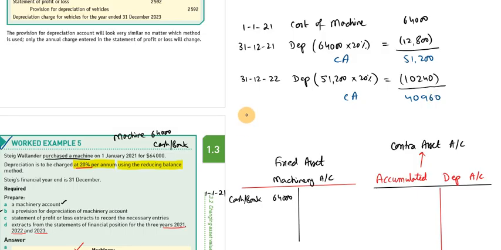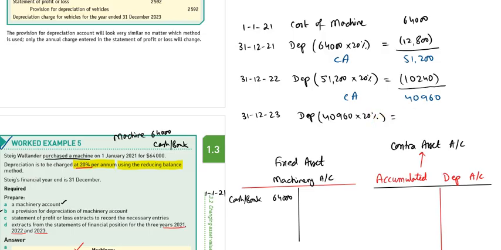And the last depreciation for the third year, that is 31st December 23, the depreciation will be on the carrying amount 40,960, and the depreciation rate is 20%.